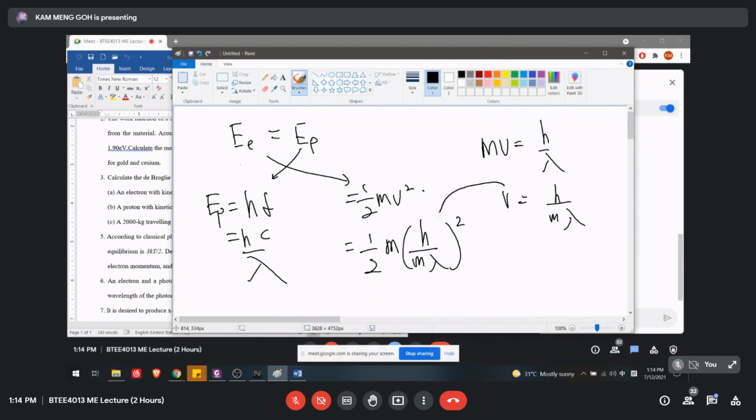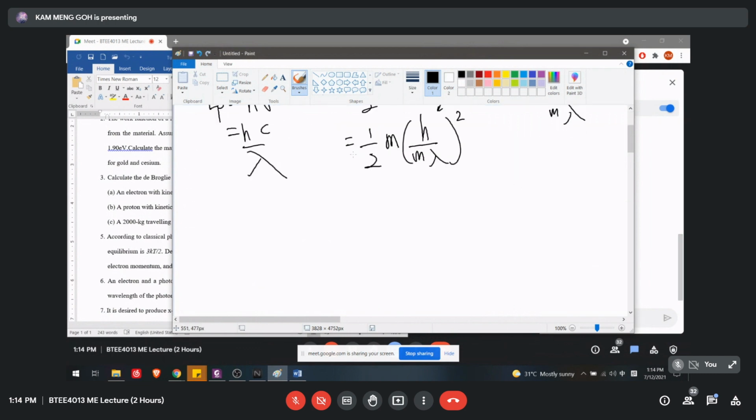Just plug this in here, nothing much. And then we also know that hc over lambda is the photon energy. And the electron energy is m h squared over 2 m squared lambda squared.